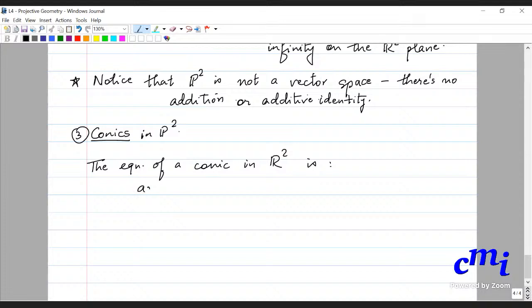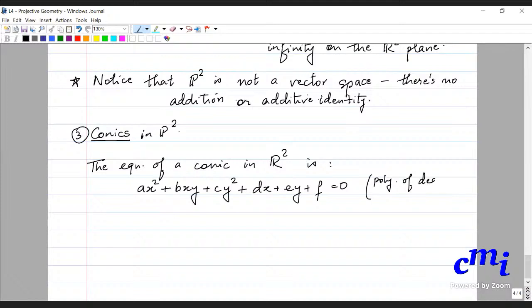If you remember, it is a general quadratic equation, right? ax² + bxy + cy² + dx + ey + f = 0. This is a general polynomial of degree 2, and this is how you state a general conic in R2.